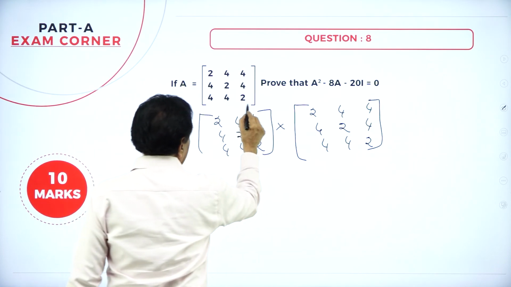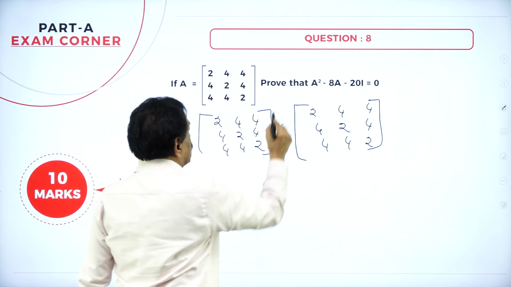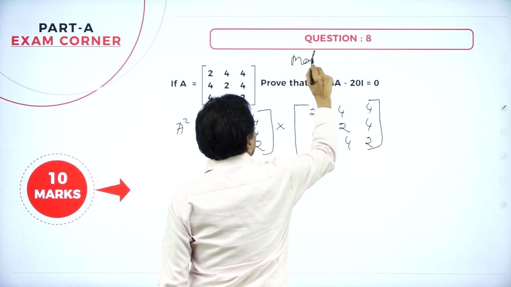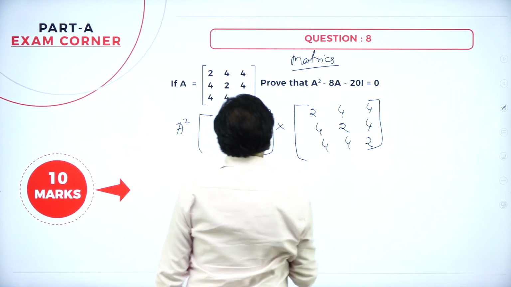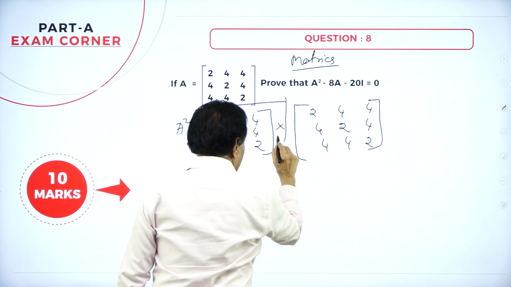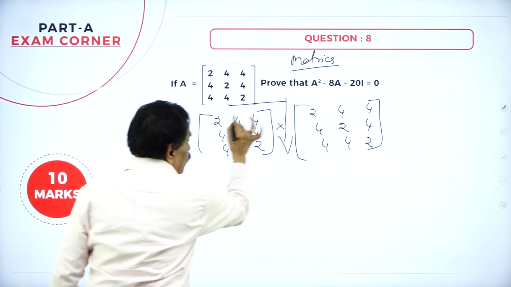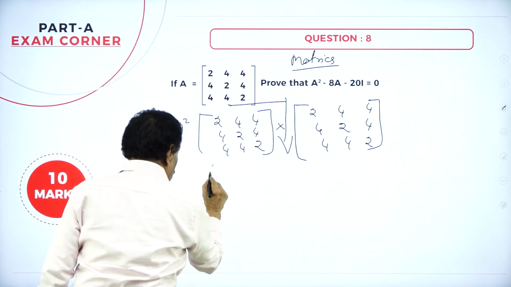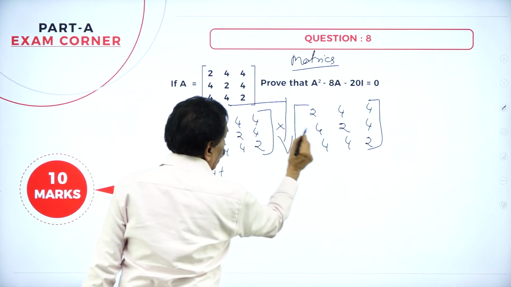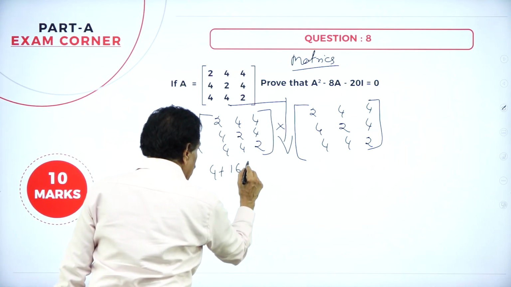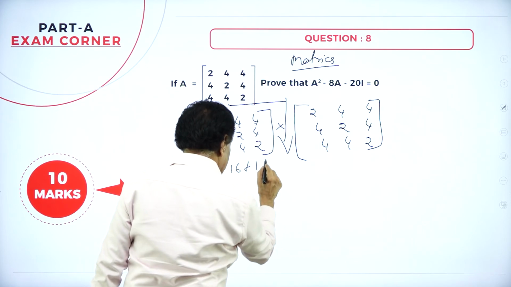So this is nothing but a matrix. Multiply, how to know? First row: 2 2s are 4, 4 4s are 16, plus 4 4s are 16.